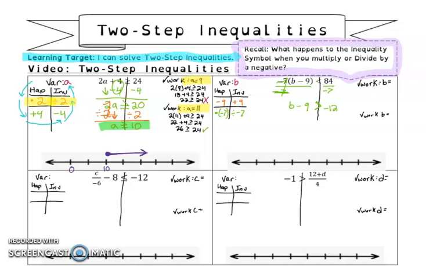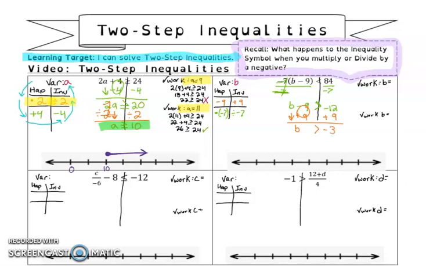Okay? And now I can add 9 to both sides. Negative 9 plus 9 gives us 0. So we get b is greater than negative 12 plus 9 is negative 3.